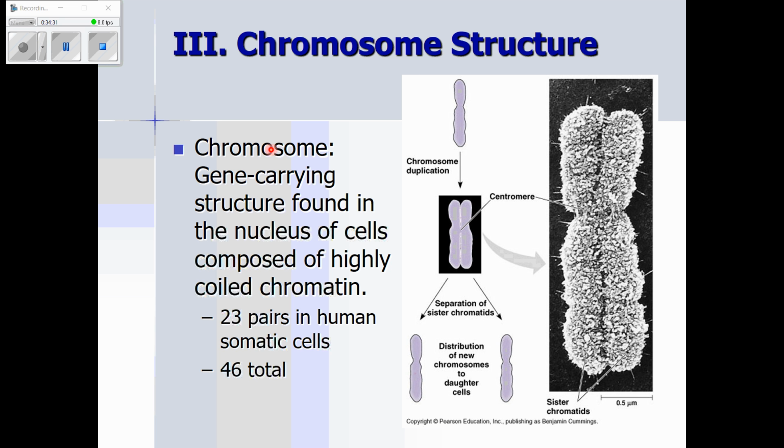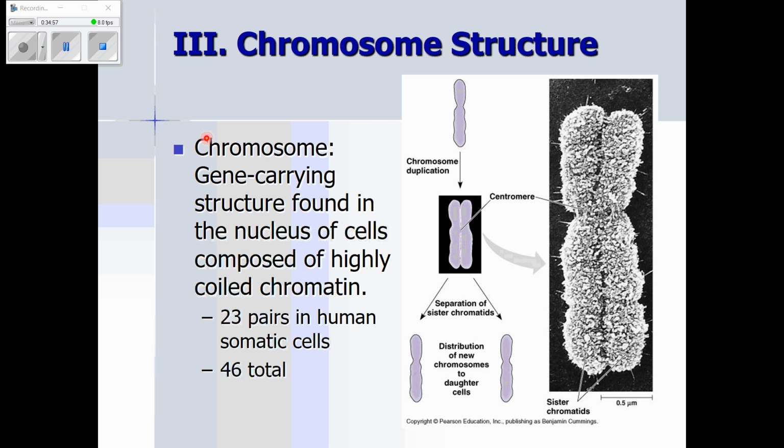And how many chromosomes do we have in our human cells? We have 23 pairs of them in all of our somatic cells. And of course, that means 46 chromosomes total per somatic cell. Somatic cells, remember, are just normal body cells.